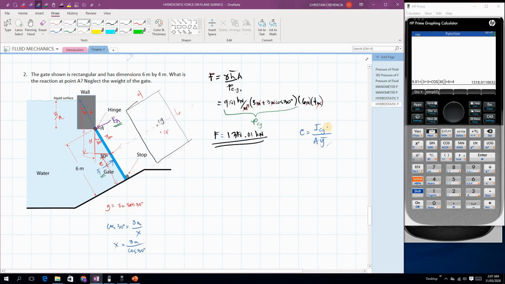ICG is BH cube over 12. Okay. So again, konting review lang. Pagka rectangle, about, let's say ito yung kanyang about this axis, no? Okay. So formula natin is BH cube over 12, where yung B is, let's say this is x-axis.